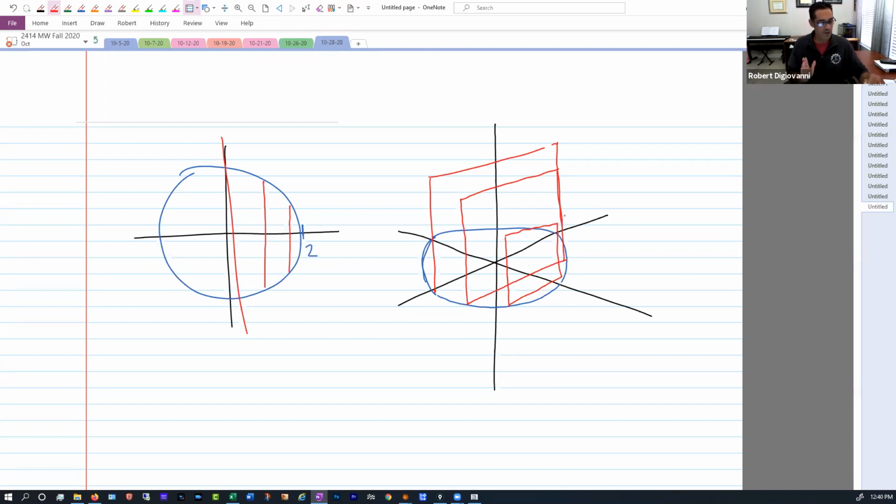So we're going to cut a sliver out of this, and I'm going to give that little cut a thickness. And so the question is, can we come up with the formula for the volume of that one little sliver?